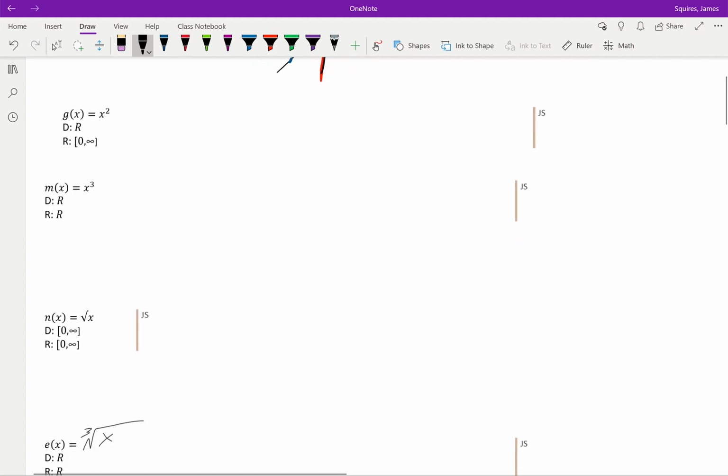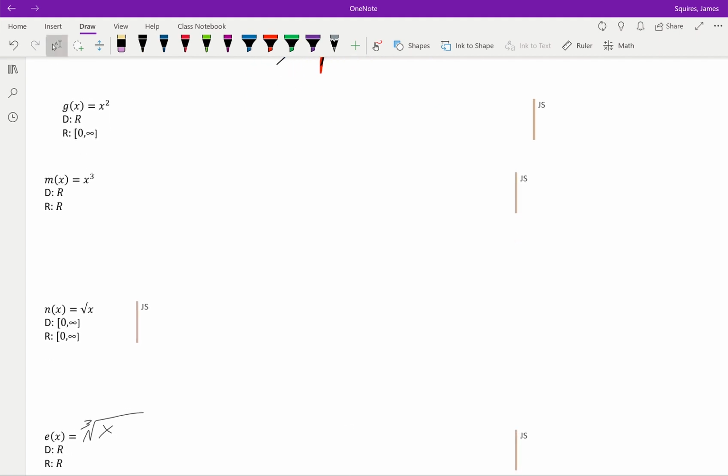If we look at this next equation, g of x equals x squared, if we were to graph that one, it would be this parabola shape that just barely touches the origin, and it has this big old U shape. Note that the domain of this function is all real numbers once again.